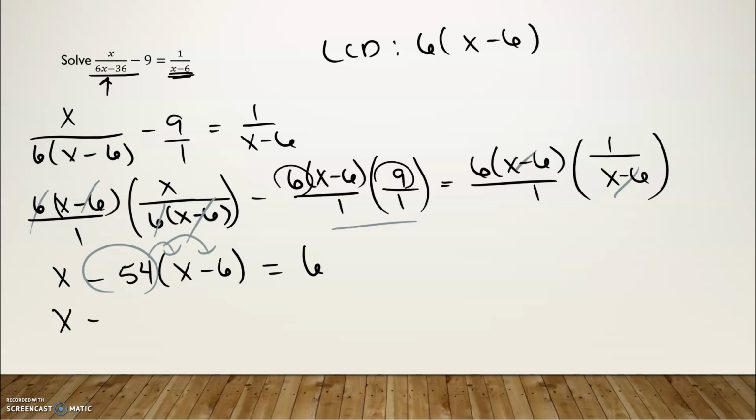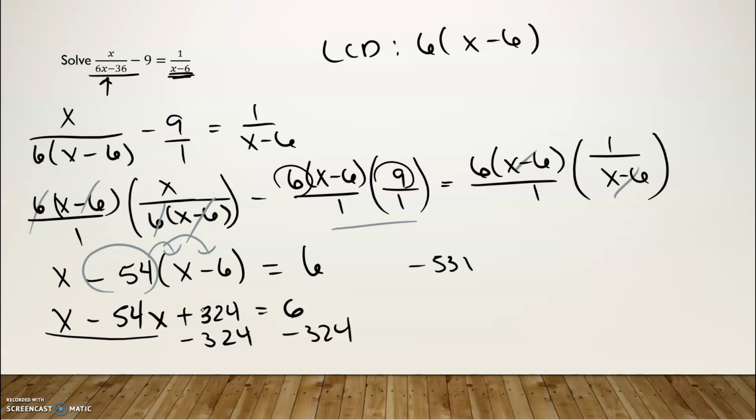So x minus 54x plus 324 is equal to 6. I'm going to move that 324 over and go ahead and clean that up. That's going to be negative 53x is equal to negative 318.